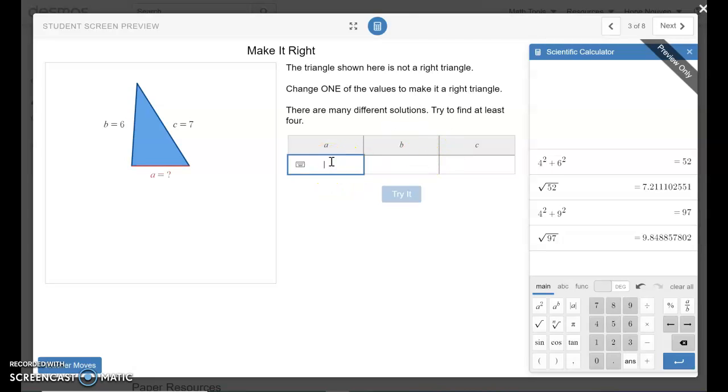So if we do 6, let's try it. It's too big, you know. So let's see.